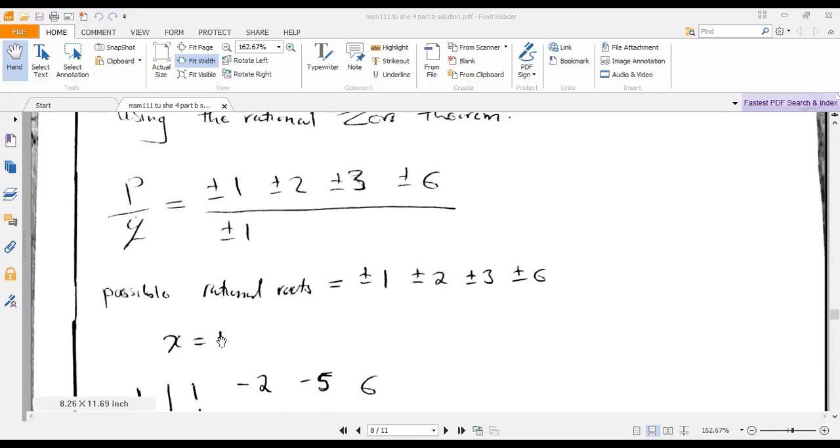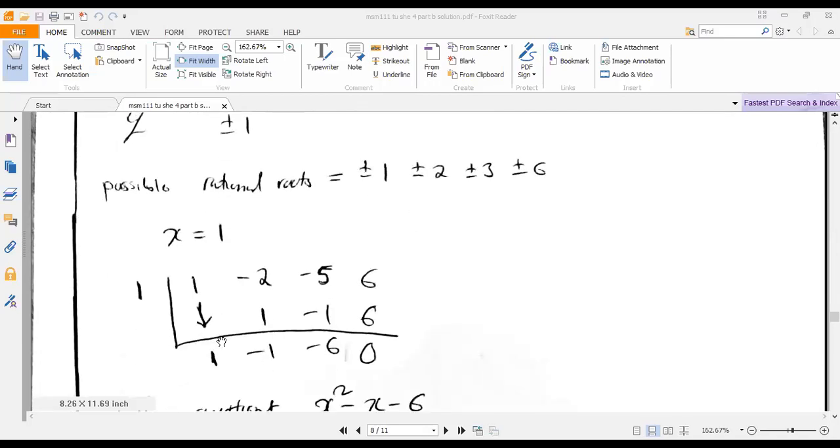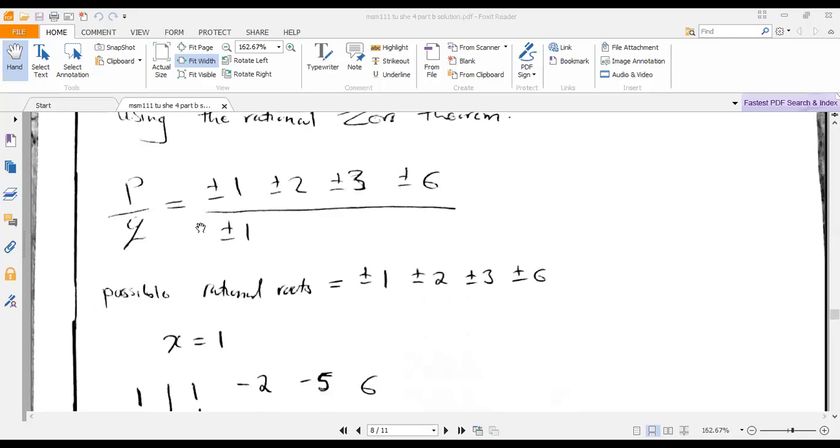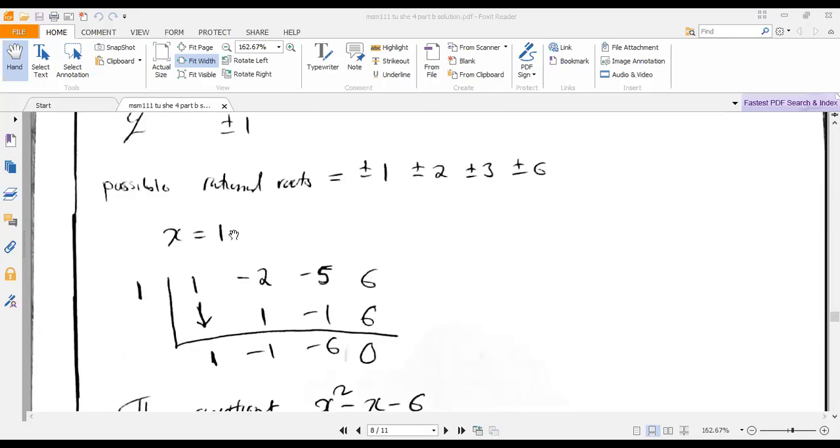When we test 1 using synthetic division, 1 is truly a factor of this polynomial. Since positive 1 works, there's no need to test everything, since we can use the same one to solve for the other roots.